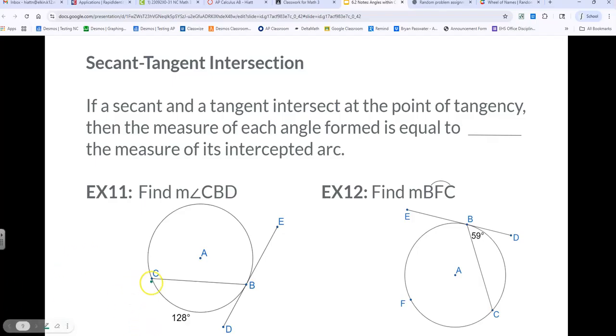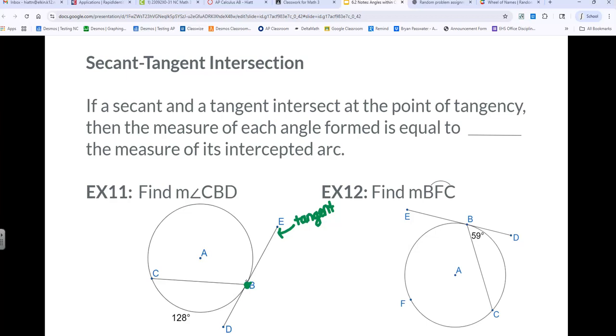That 128 is an arc right there. CB is not the tangent here. How many times does the tangent touch a circle? One time. So we need the line that only touches one time. So DE right here, this is your tangent.